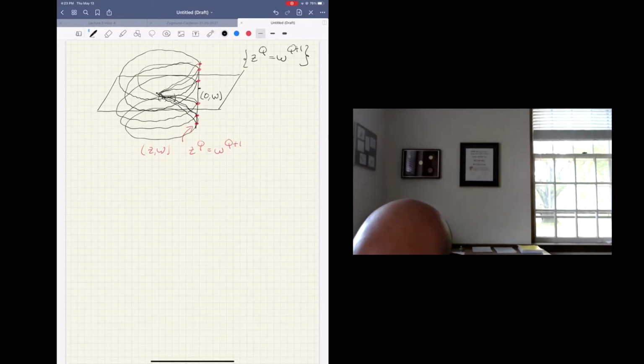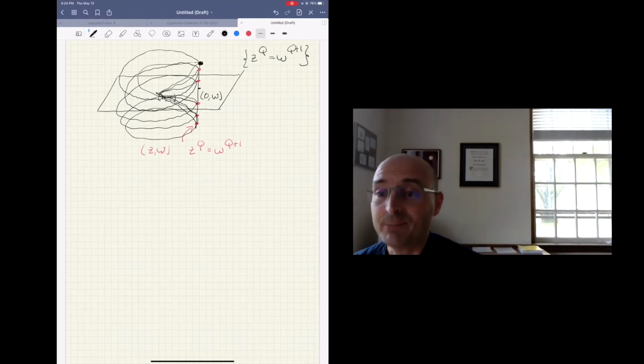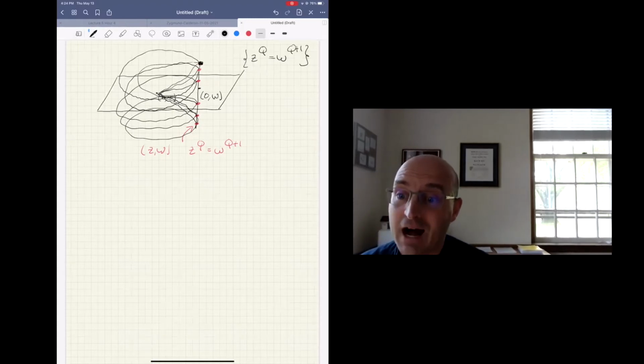And then sooner or later, you go back. So you have a complicated surface, which is a Q cover of your plane. You can't say that you have a single valued function, but in this example, what you can say is that you have a multiple valued function, okay?